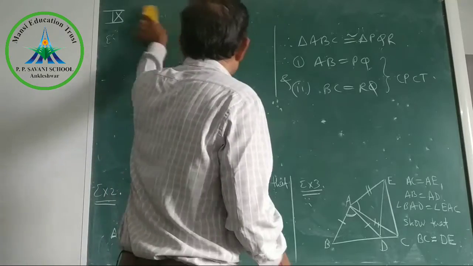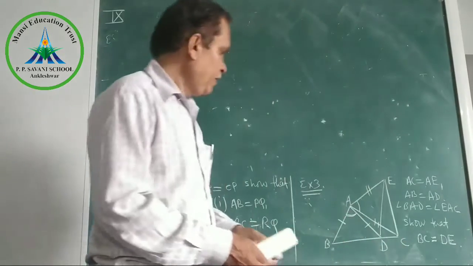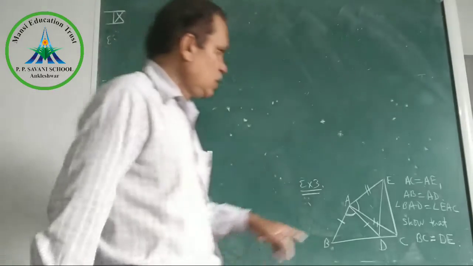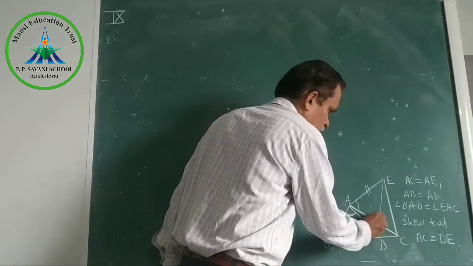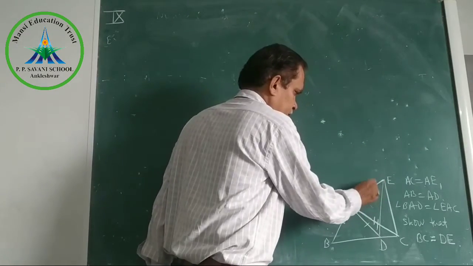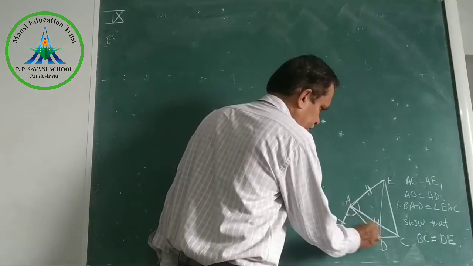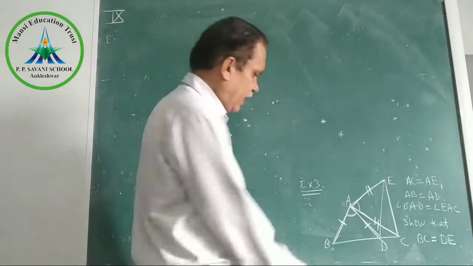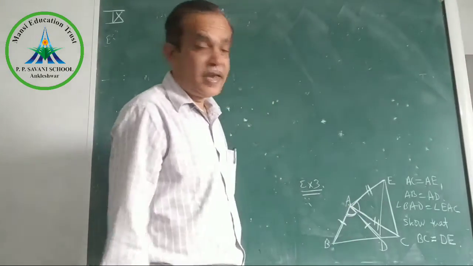Example 3, students, see. AC equal to AE. See, AC equal to AE. AB equal to AD. Okay, and angle BAD equal to angle EAC.